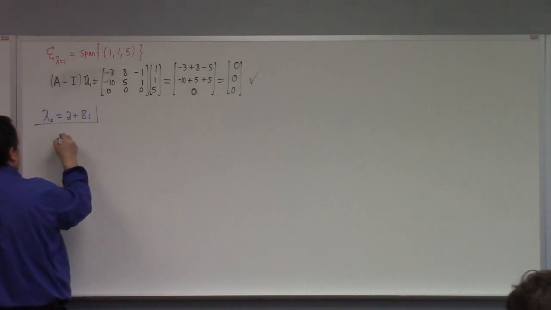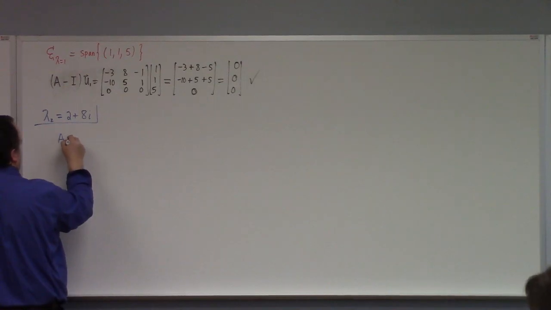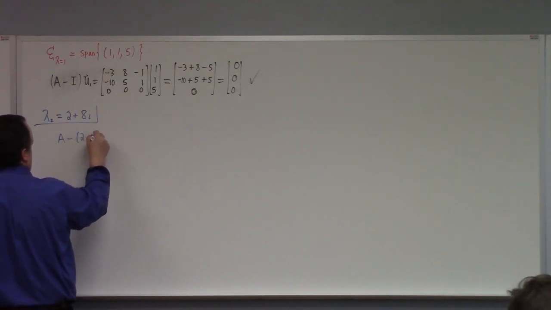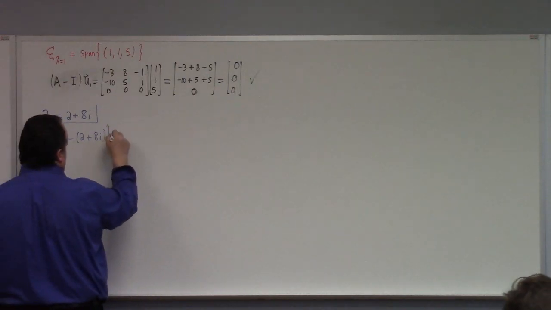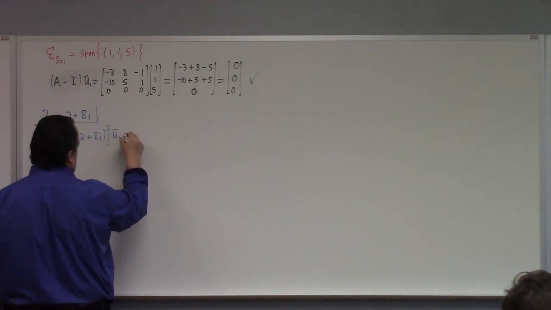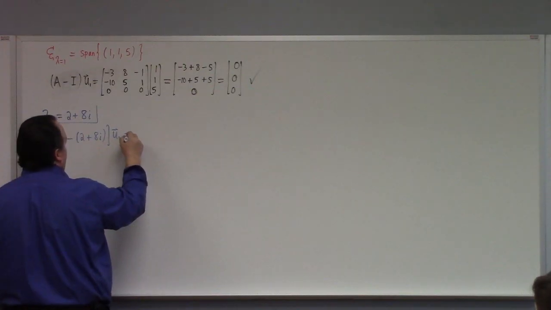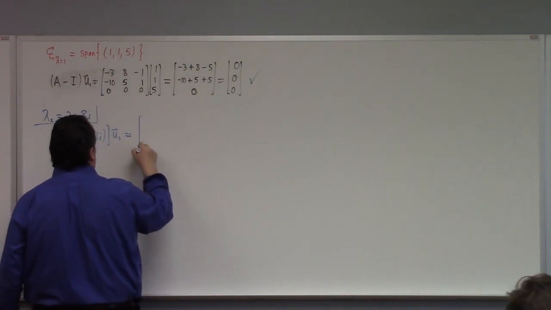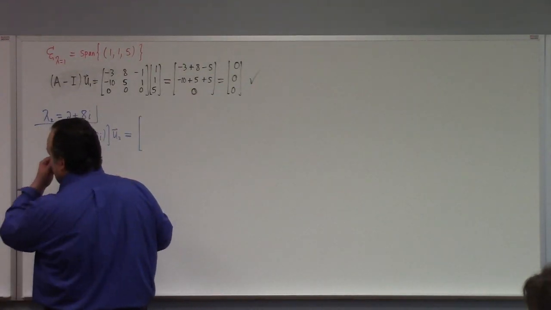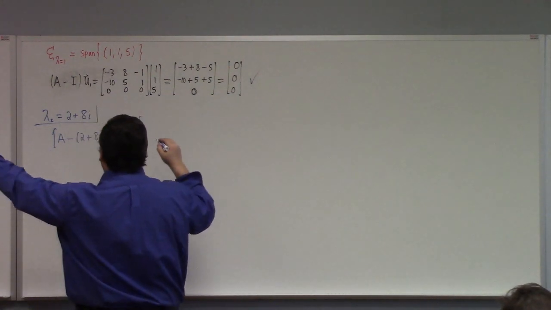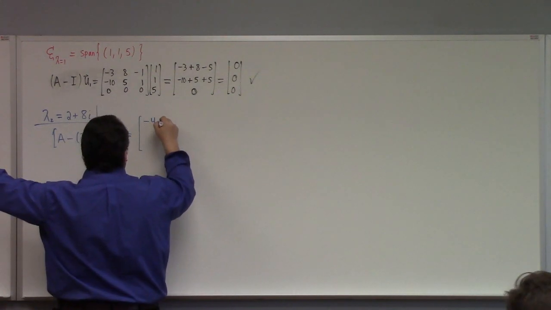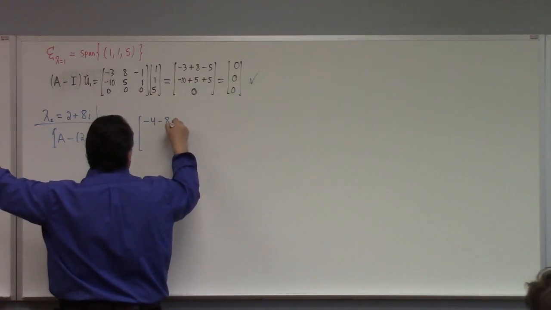So we're going to look at A minus parentheses 2 plus 8i, times my u2 vector, equal to 0. So let's see here. What is that? Let's think through it. A minus that gives me a minus 4 minus 8i for that component.